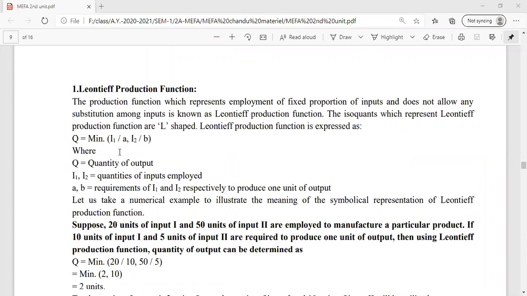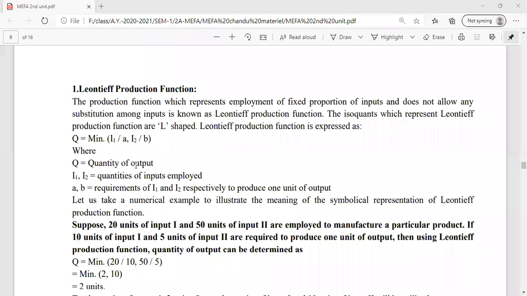Quantities of inputs employed here means the total quantities. I1 indicates the quantity of type P1 present. That means input 1, that means the number of tires. Say I have 5000 tires there. And I2 is the steering wheels. Okay, that's well and good.